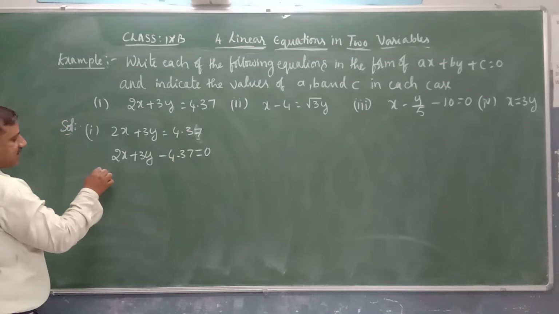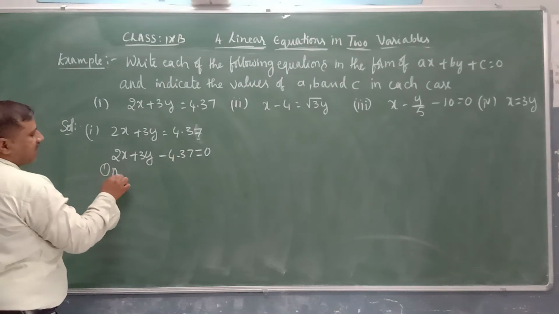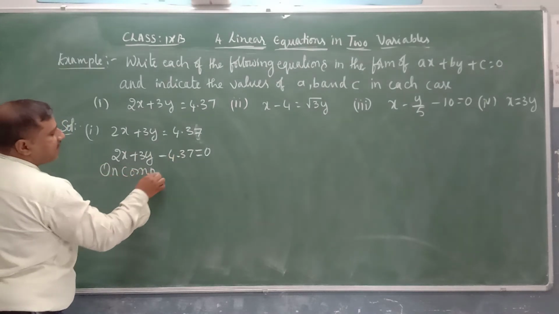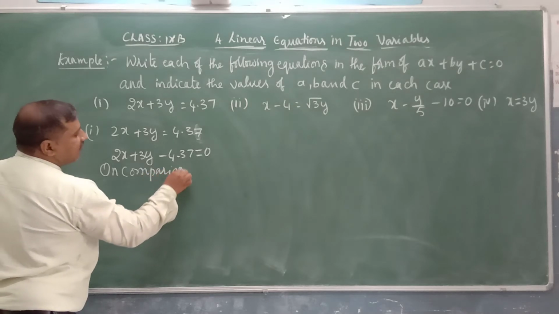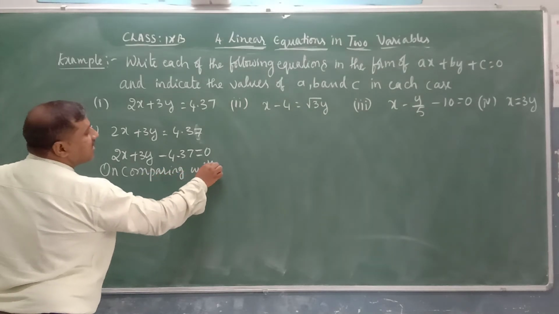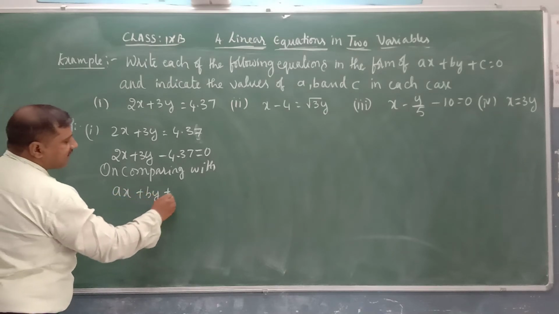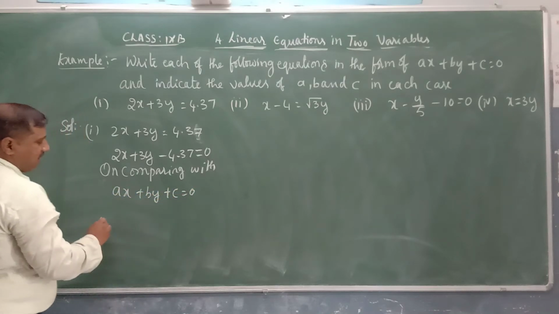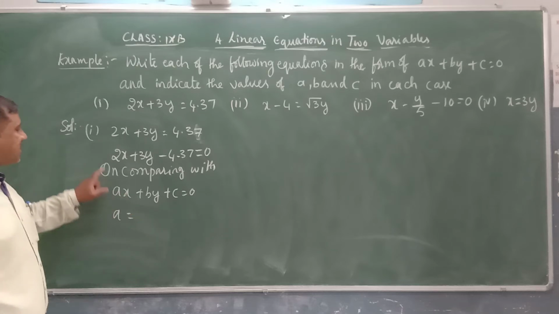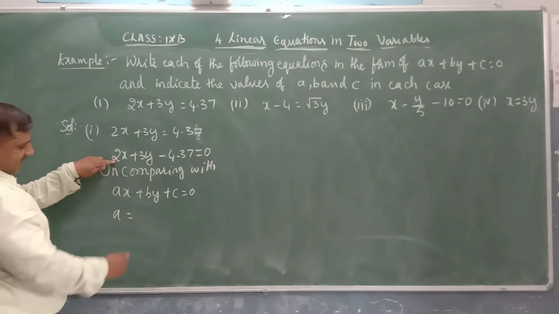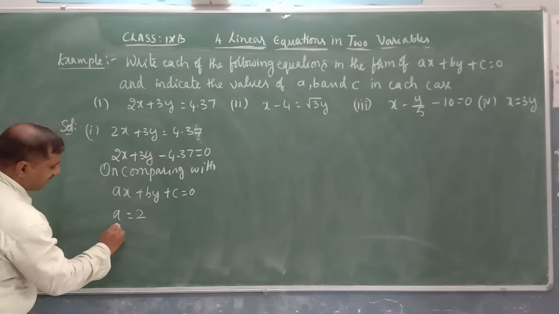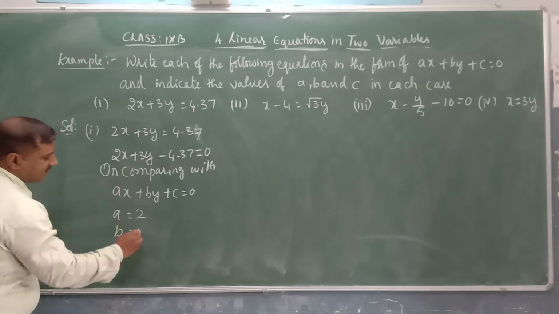Now compare this with the general form, that is ax plus by plus c is equal to 0. Therefore a is equal to the x coefficient, which is 2, and b is equal to the y coefficient, that is 3.